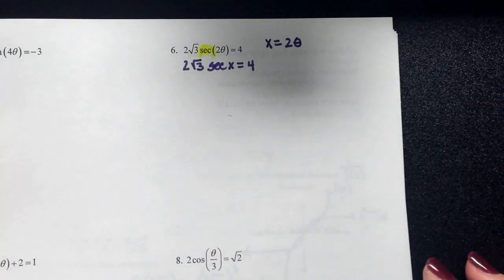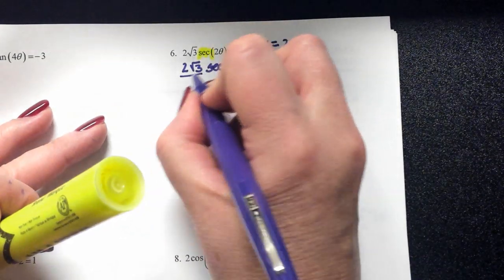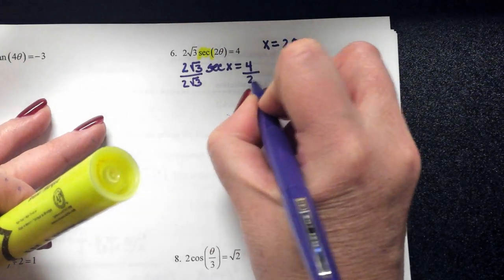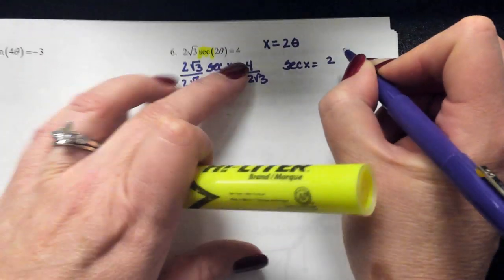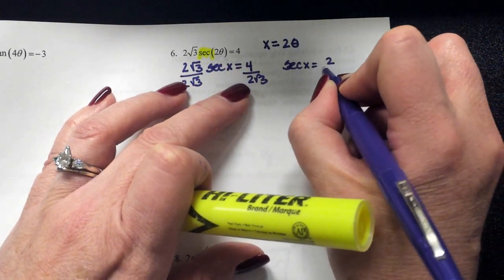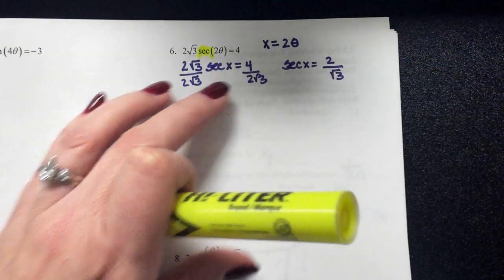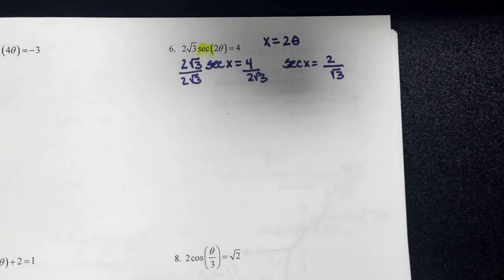What's my first step to get secant by itself? Divide by 2 square root 3. So secant of x is equal to 2 over square root 3. Again, I can simplify 4 divided by 2, which is 2. As you just told me, secant's reciprocal of which function? Cosine.